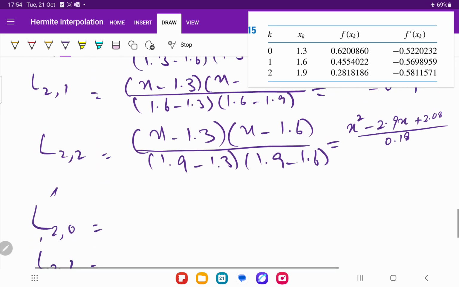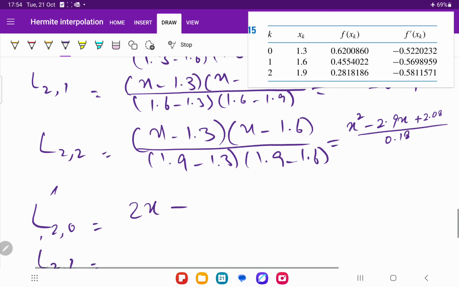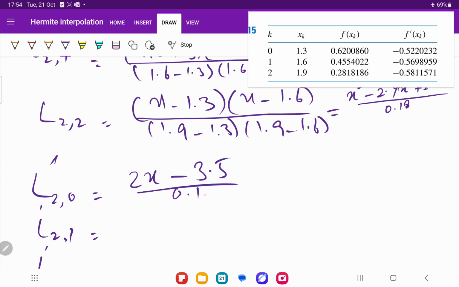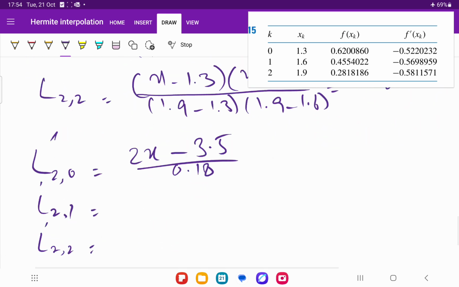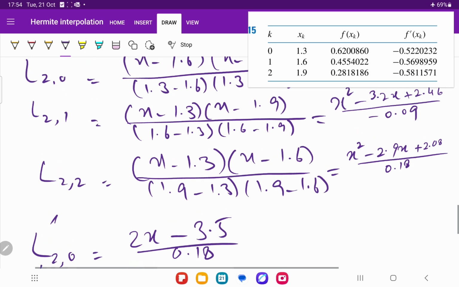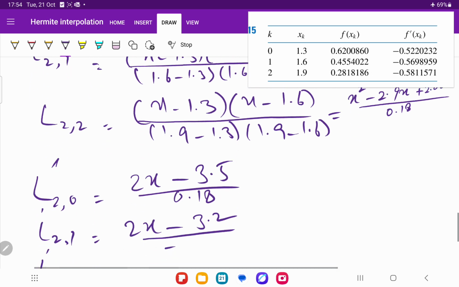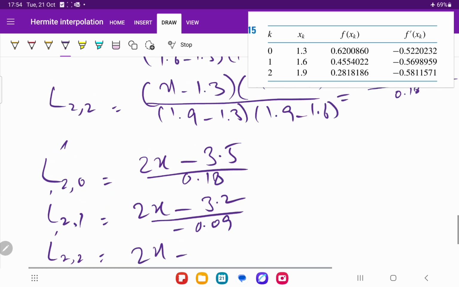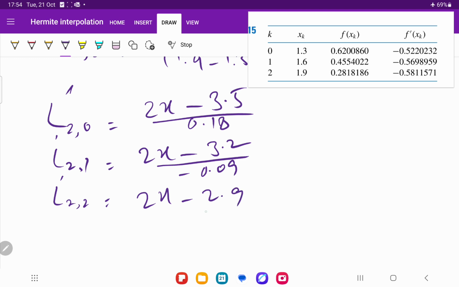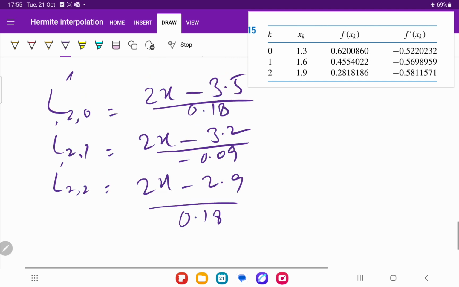So now I'm taking the derivative of the first equation, which is 2x minus 3.5 divided by 0.18. The derivative of the second equation is again 2x minus 3.2 over minus 0.09, and the last derivative is again 2x minus 2.9 divided by 0.18. So these are the derivatives.